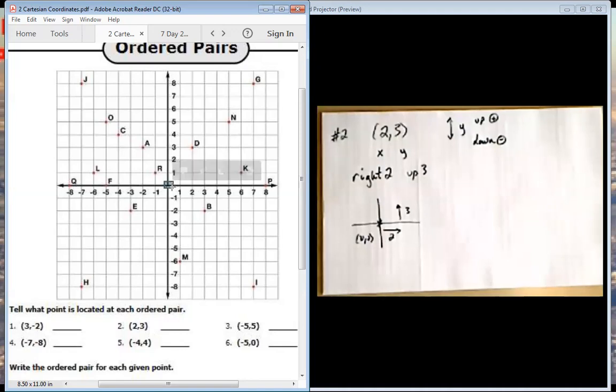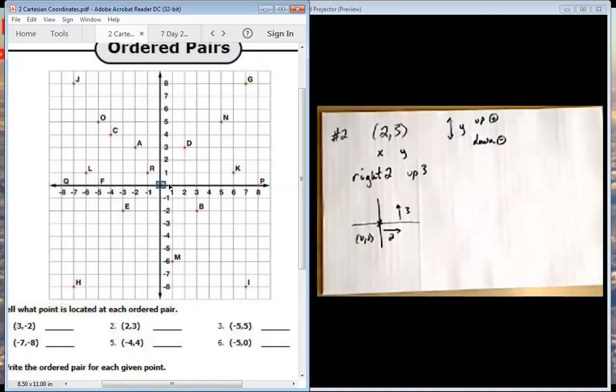We go to the right by 2. So that means we go from there to here now. See, start there, go over 1, over 2, and then up by 3. So we go up by 1, up by 2, and then up by 3.